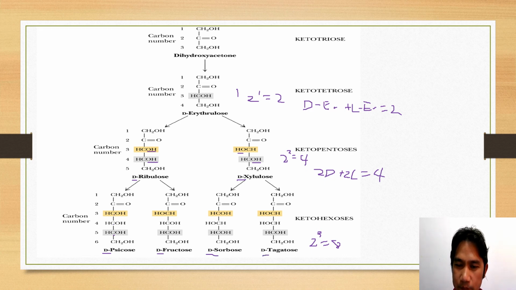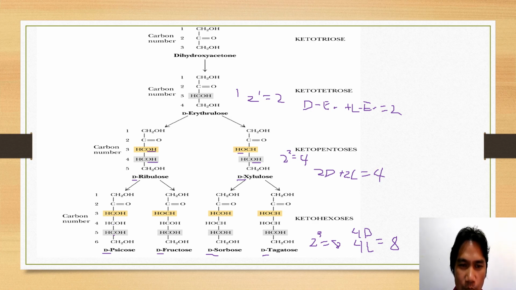So we have 4 D's plus, if we get the mirror images of each of these D's, then we will have 4 L's. So 4 D's plus 4 L's is equal to 8 arrangements of molecules. So how do we know the structure of L-psicose?